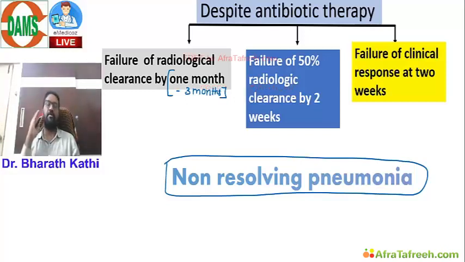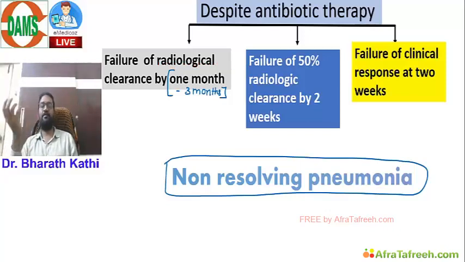Now what are the causes of non-resolving pneumonia? The causes can be divided into infectious causes. You might be thinking it as streptococcus, but there might be tuberculosis, there might be fungus, there might be some other opportunistic infections. So wrong organism. Second thing is wrong antibiotic.